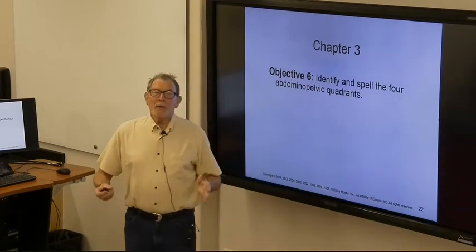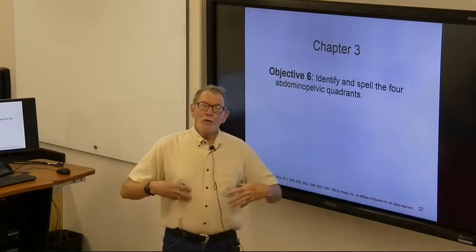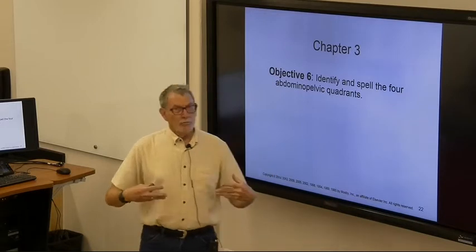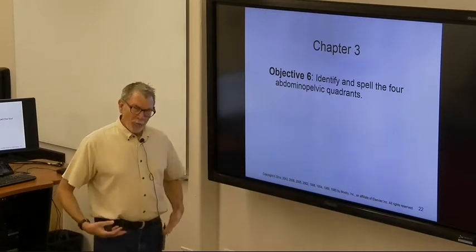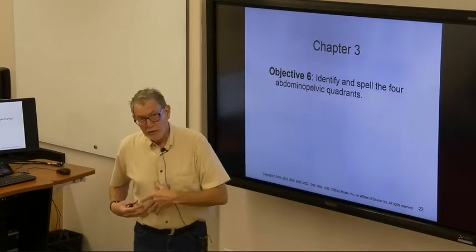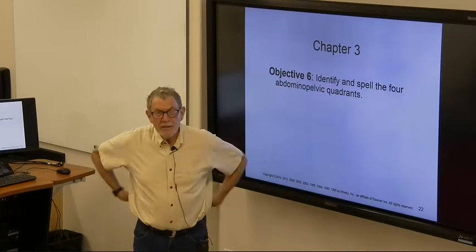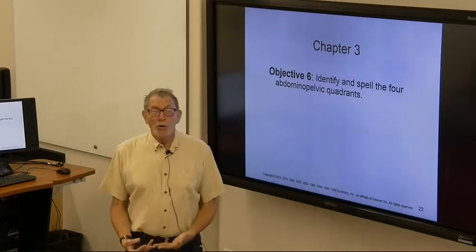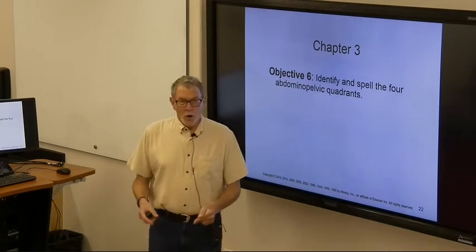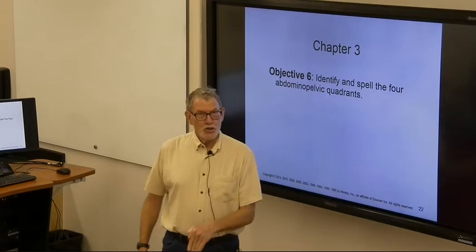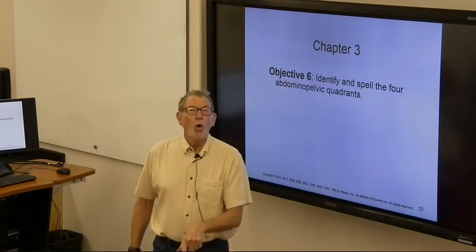So now let's be able to describe the location of your innards and the location of pain in your abdomen or pelvic regions. Your abdominal cavity actually holds the liver, stomach, pancreas, spleen, kidneys, and almost all of your intestines. Your pelvic quadrant holds just the end of your large intestine where it comes down to the rectum and anal opening.